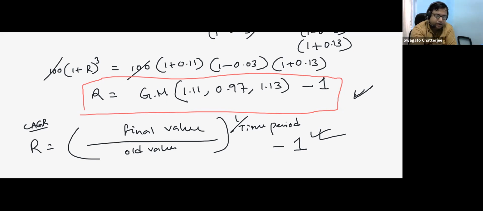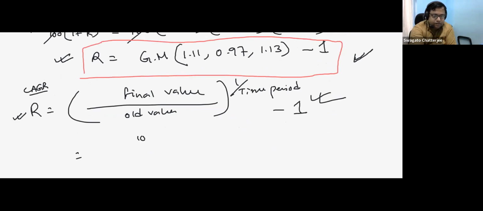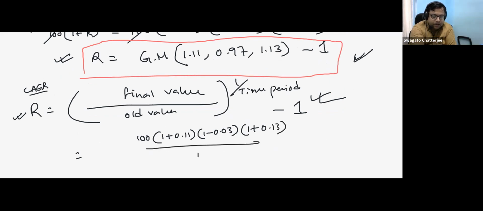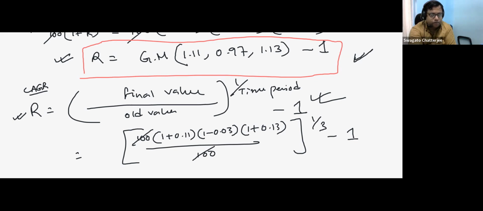Whatever I wrote here and whatever I am writing here means the same thing, because I have cancelled out 100. The final value was 100 into 1.11, 1 minus 0.03, 1 plus 0.13. This divided by the initial value, which was 100, to the power 1 by 3, minus 1. Exactly the same thing that I wrote at the top is coming here as well. So yes, that's the CAGR value.